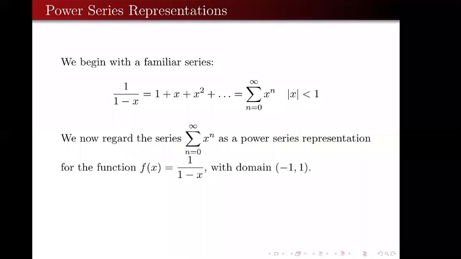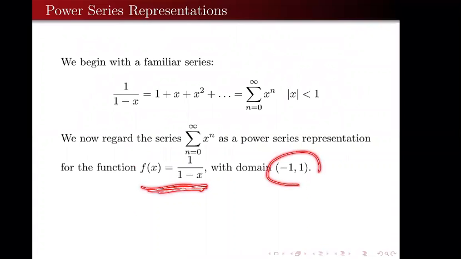So, we now regard the series summation x to the n from 0 to plus infinity as a power series representation for the function f of x equals 1 over 1 minus x with this domain.